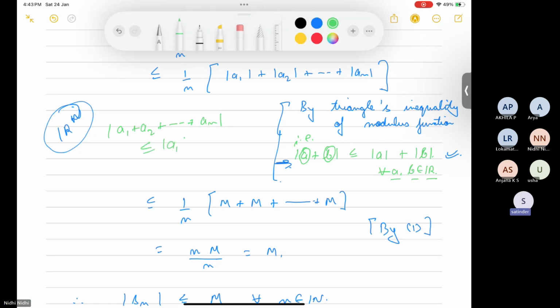Like, mod of a1 plus a2 up to an will be less than or equal to mod a1 plus mod a2 up to mod an. So geometrically, what does it represent? This I'm not getting a clear picture of.